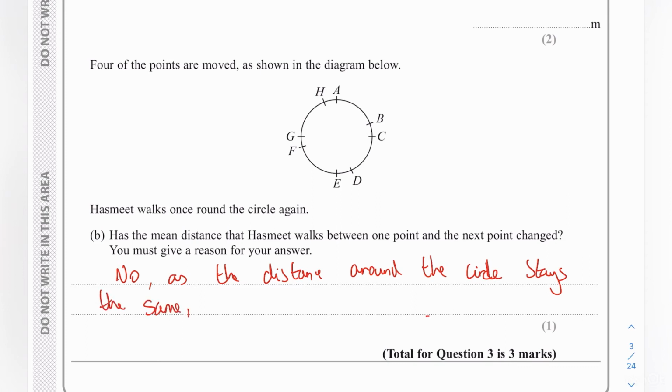Also, there are the same number of points. So we're going around exactly the same size circle and we're stopping off at the same amount of points. So therefore, the mean distance will not have changed.